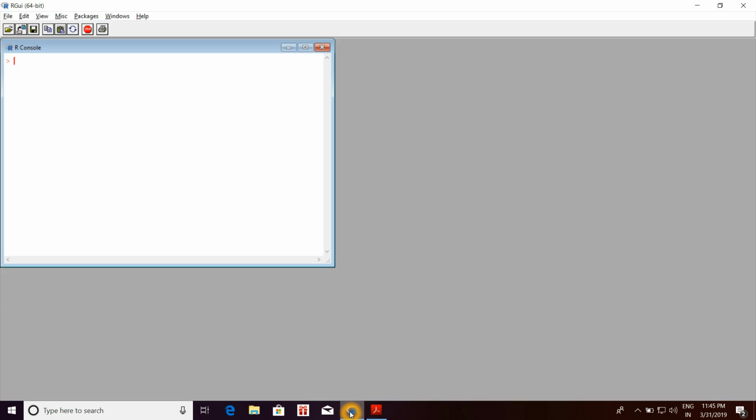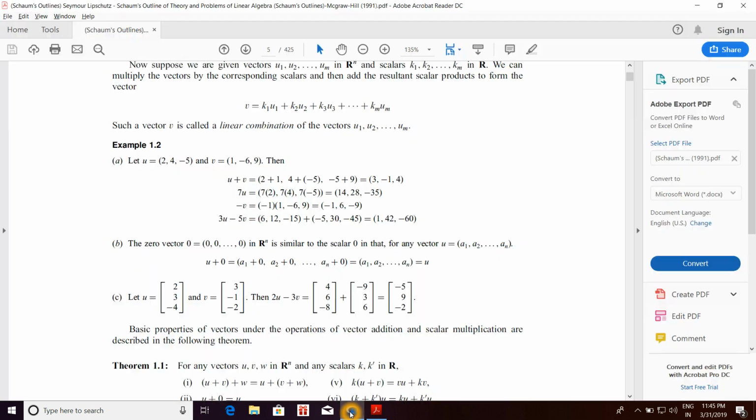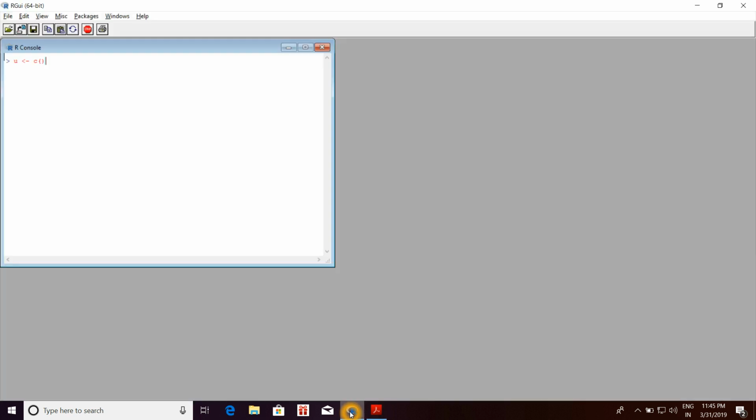Let's create two vectors, u and v. u will be 2, 4 and minus 5, and v is equal to 1, minus 6 and 9. Okay, so v is 1, minus 6, 9.